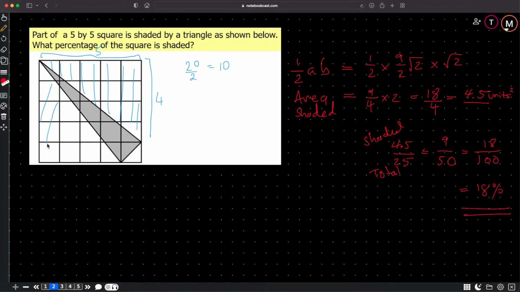So those two areas, those shaded areas in blue, have an area of 10. This area is going to be a half. So for the non-shaded areas, you get an area of 10 plus a half, which is 20.5.